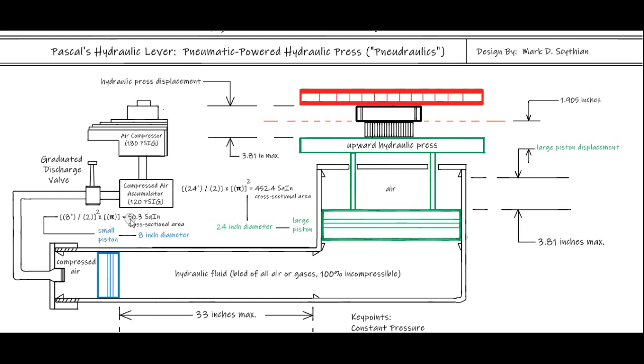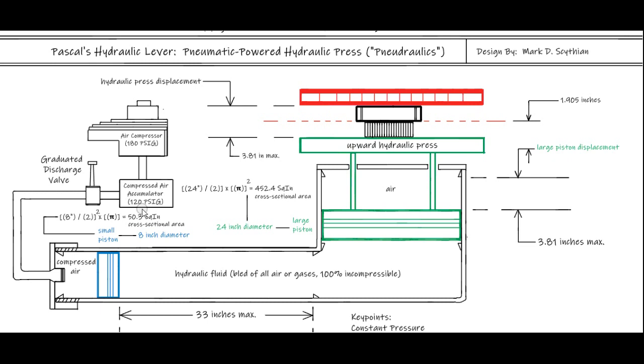We then yield 50.3 square inches of piston head surface area at the small piston, blue piston here. So that means for every 1 psi g applied to this piston, there will be 50.3 pounds force transmitted by the piston.